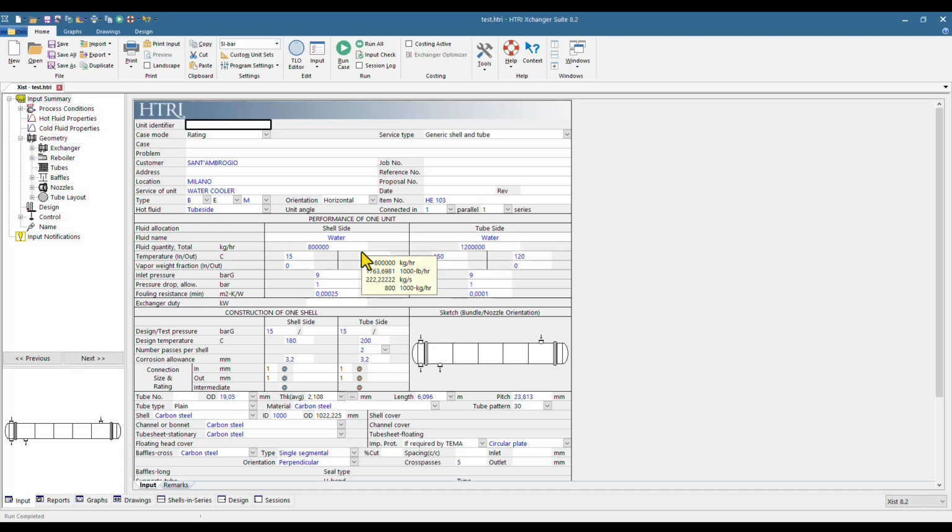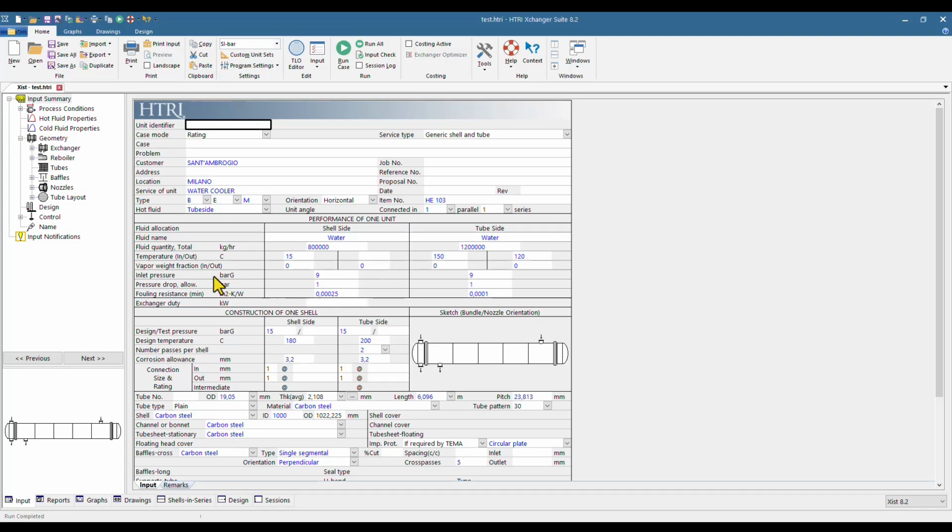This is cooled by 80,000 kilograms per hour of cooling water. The inlet temperature of cooling water is 15 degrees. We do not need the outlet temperature because this is automatically calculated from the thermal balance of the heat exchanger.